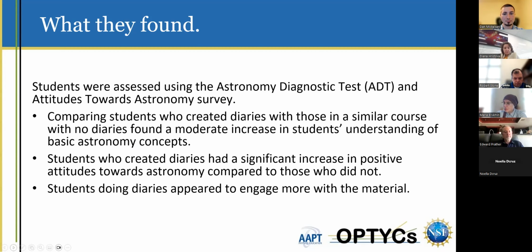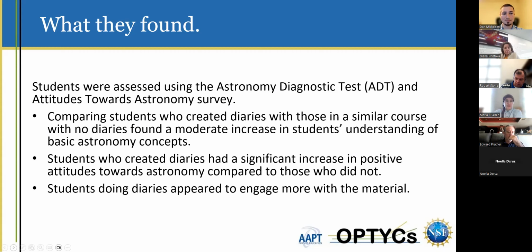If you are not aware of where you can find these validated instruments, PhysPort is a website that is run by AAPT and other agencies, but it has a database of validated instruments for assessing students' understanding, not just in astronomy, but in physics and in attitudes and those kinds of things. So it's a good resource if you've not used that before.